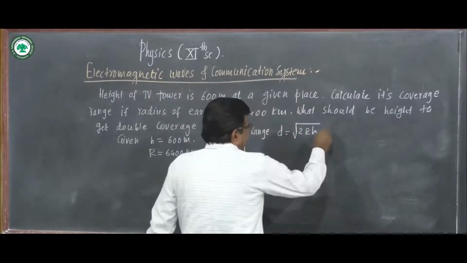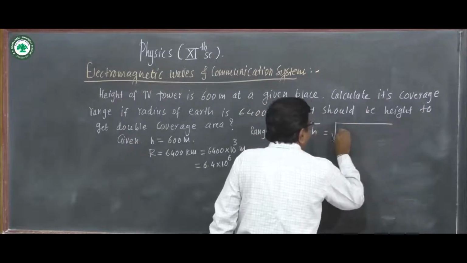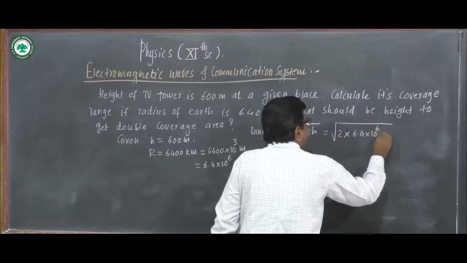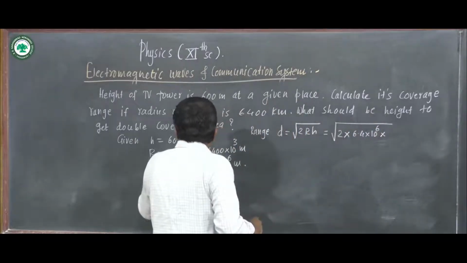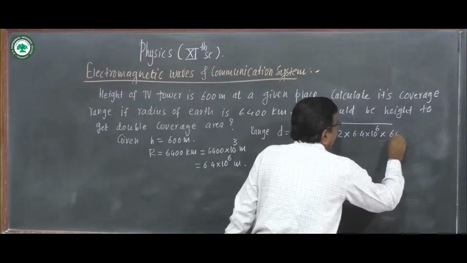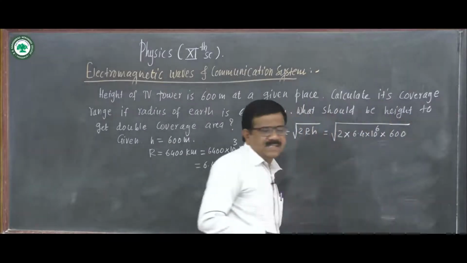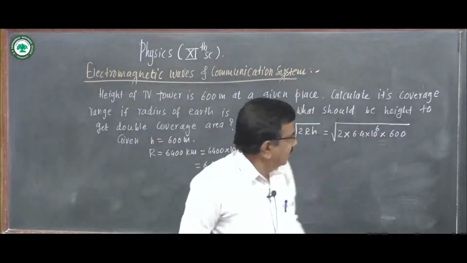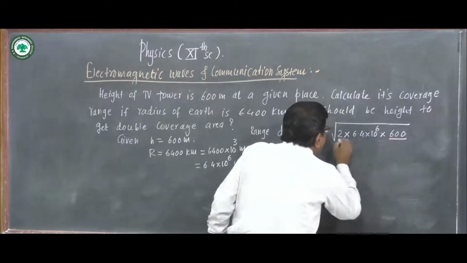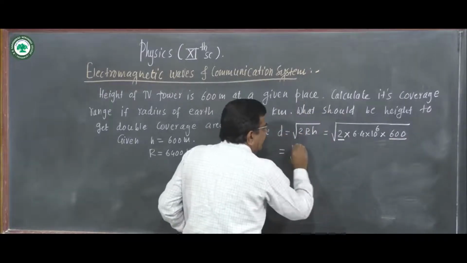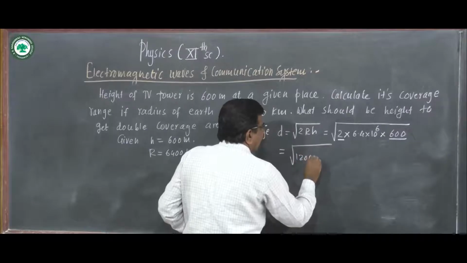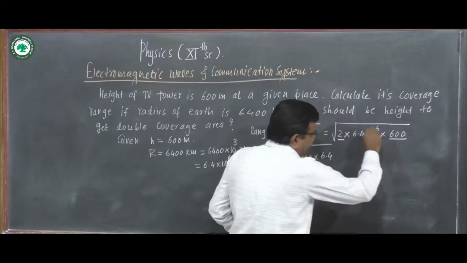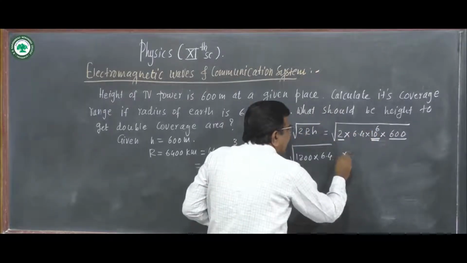D is square root of 2RH. 2, R is 6.4 into 10 raised to 6, into H is 600. Now see here, this is 600 into 2, that is 1200, into 6.4, and this 10 raised to 6 outside the square root will be 10 raised to 3.